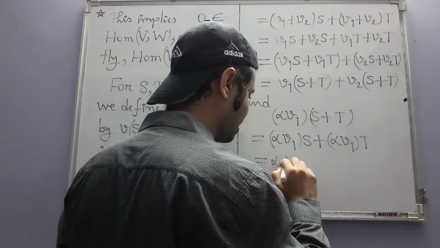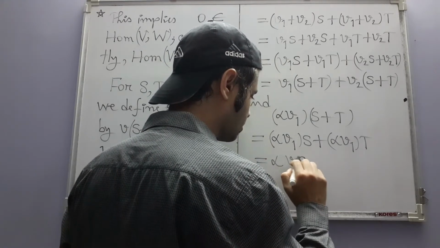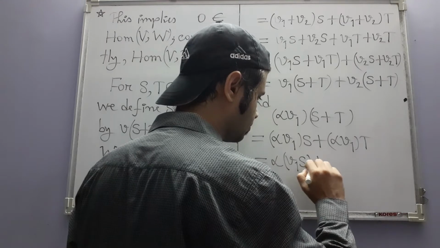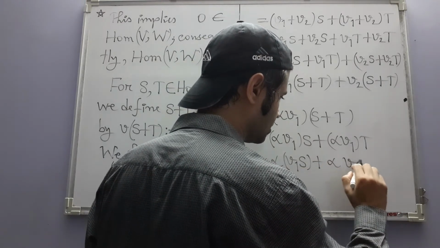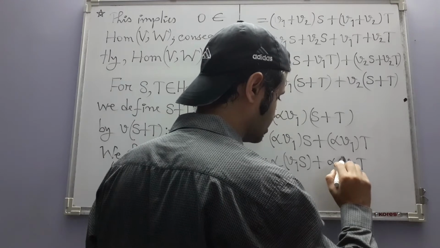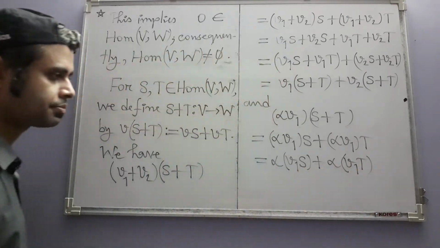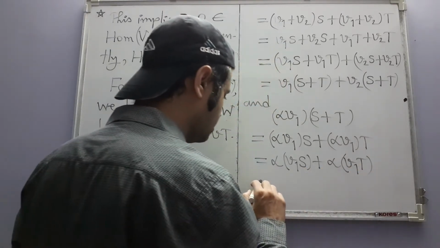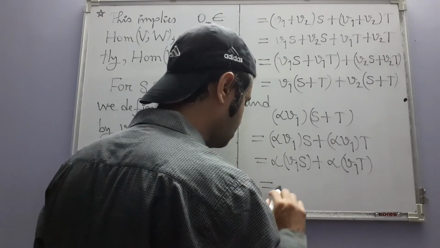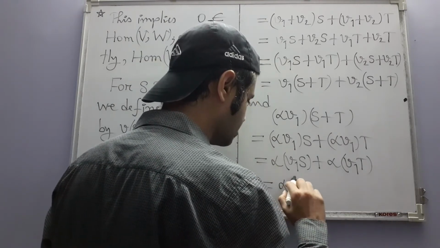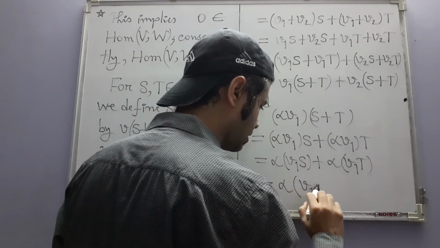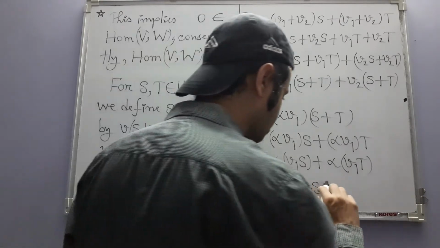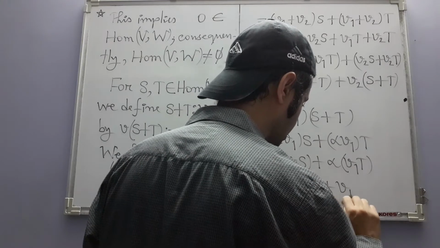So this is alpha times the S image of v1 plus alpha times the T image of v1. Now in the next step we can write something like this: alpha times the S image of v1 plus the T image of v1.